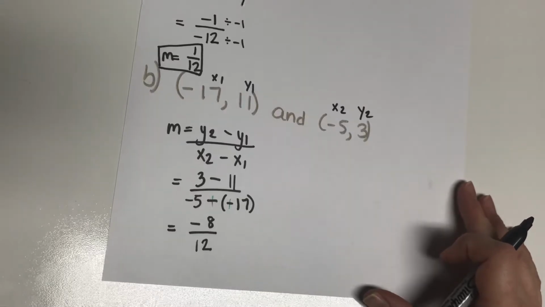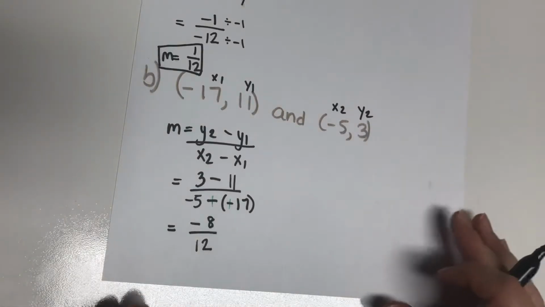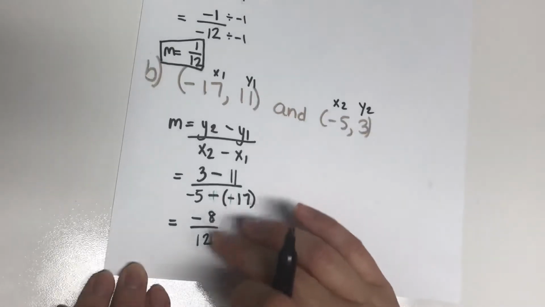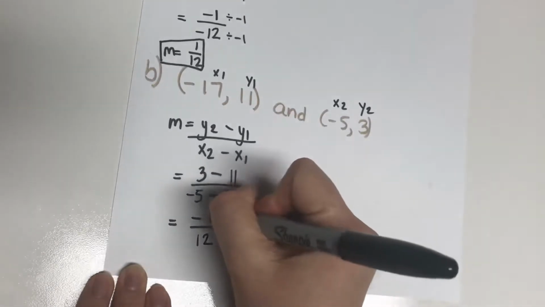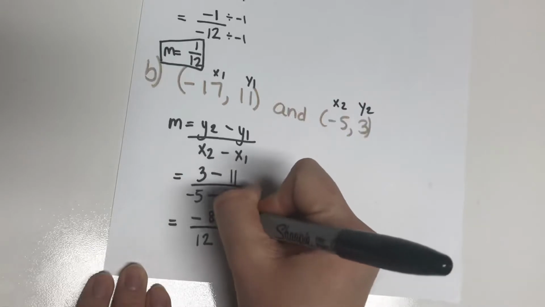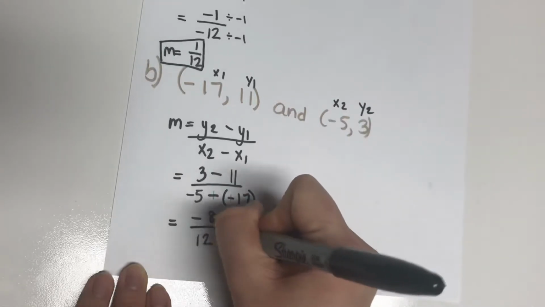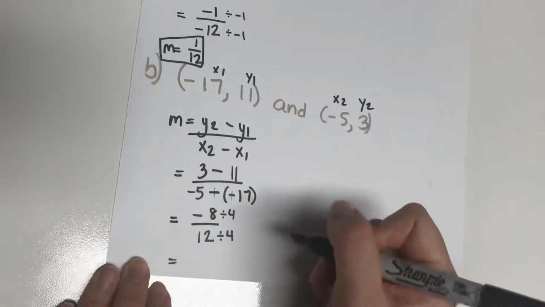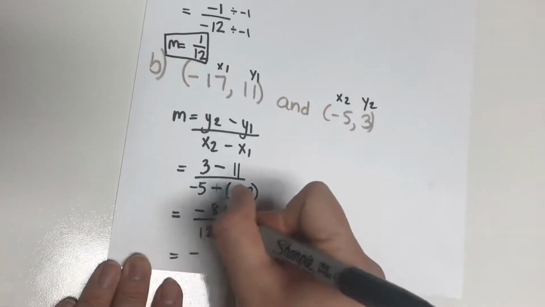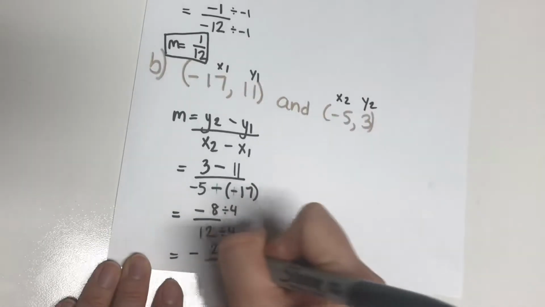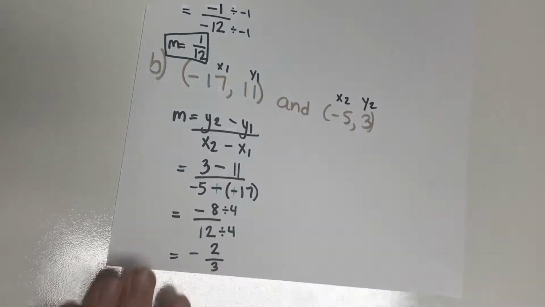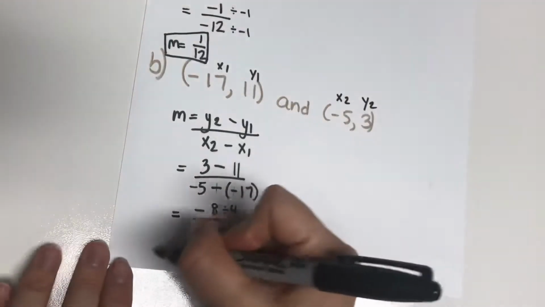And I'm going to ask myself, okay, well, can this fraction be reduced? Yes, it can. There is a number that goes into 8 and 12. 4 goes into both of them, so I'm going to divide both by 4. And that's going to give me negative 8 divided by 4 is negative 2, and 12 divided by 4 is 3. And that's my final answer.